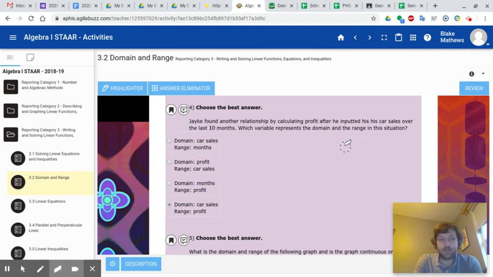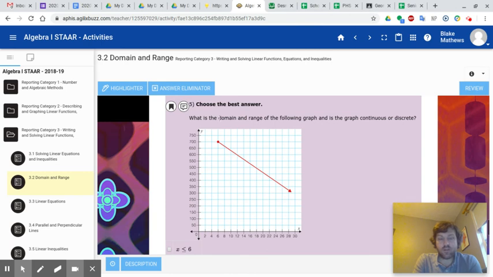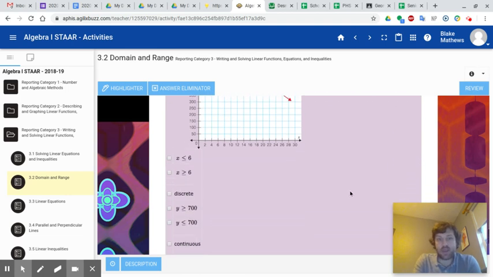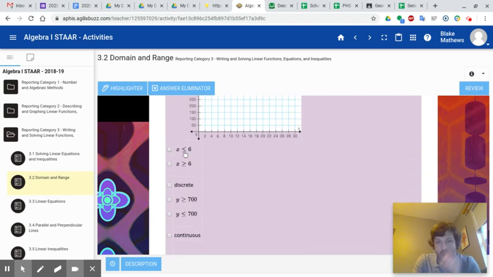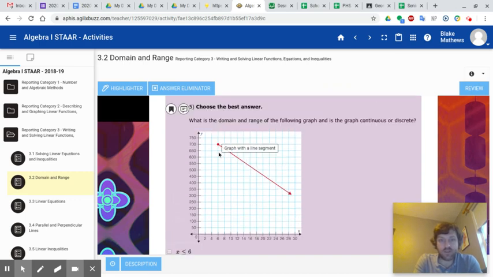Lastly, we're going to look at the graph for number 5. What is the domain and range of the following graph? Again, domain is x. Let's start there. The x is either less than 6 or greater than 6. We can see that the graph does start at 6 and the graph goes above 6.